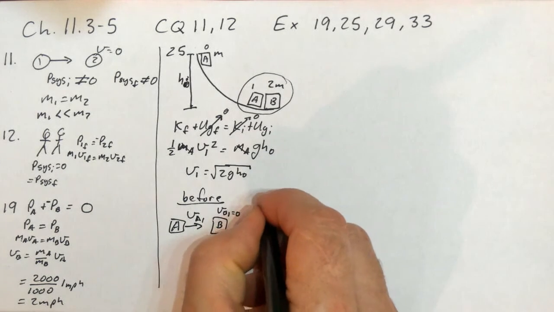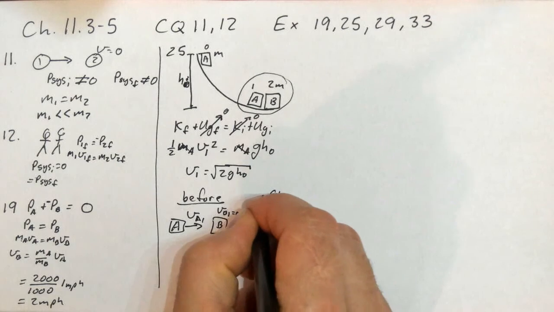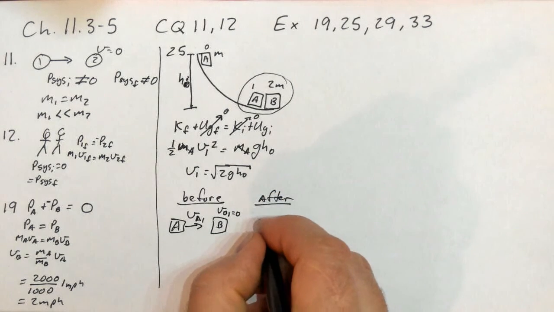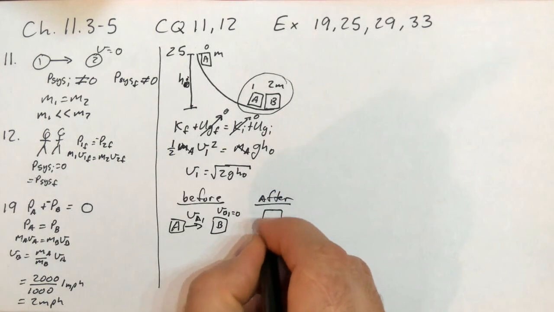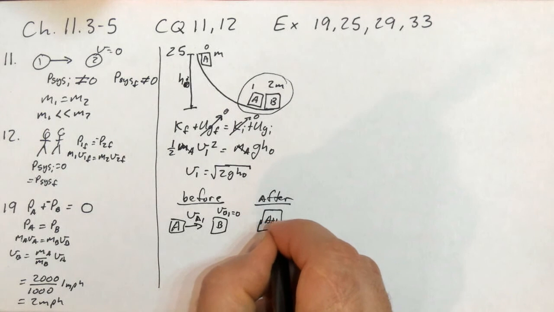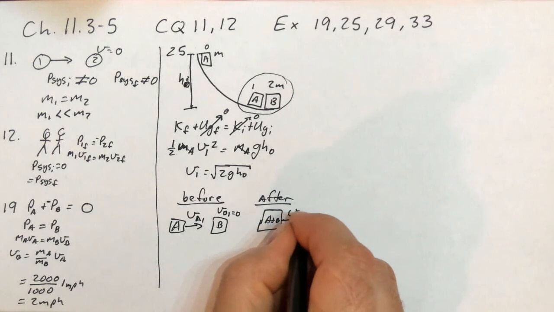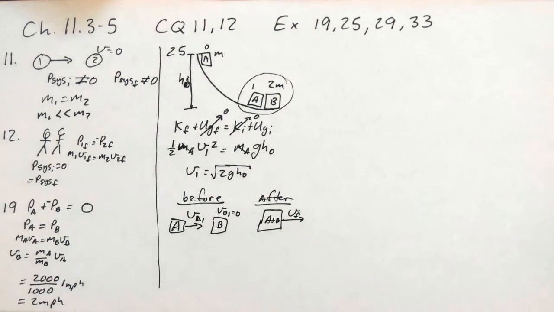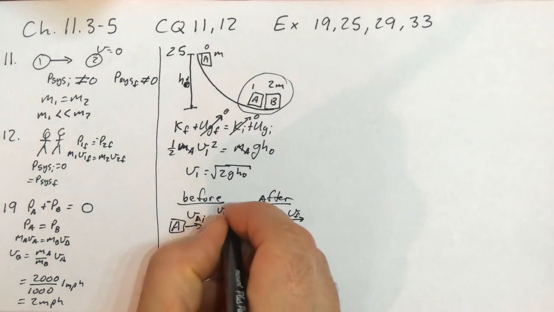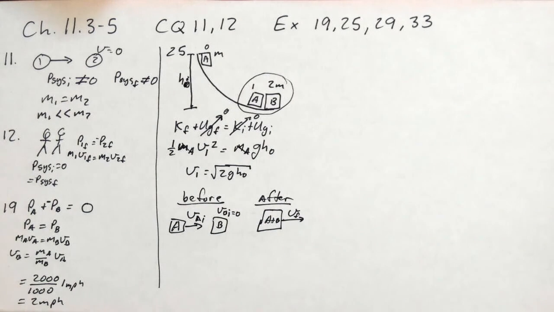And then after, they're stuck together, I'll just put them together, A plus B, moving at this final velocity. I'll call it V final. Let me call these initials to keep with similar subscripts.